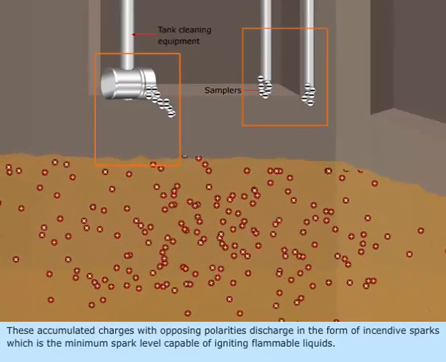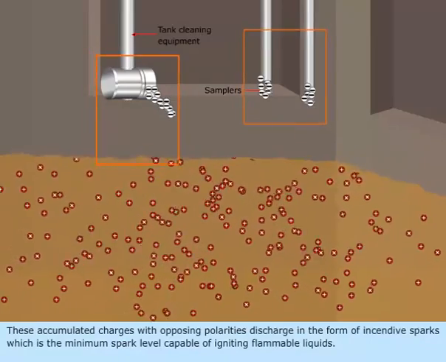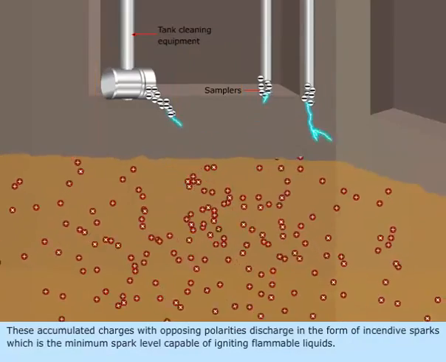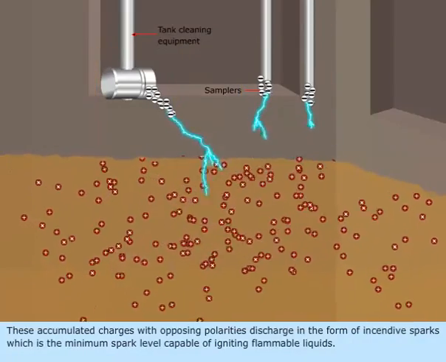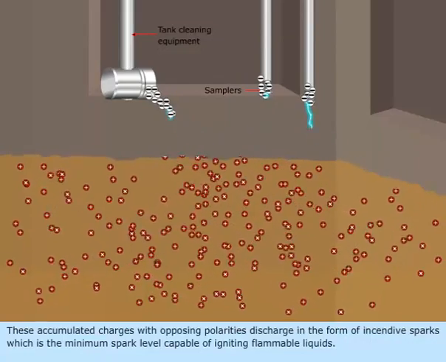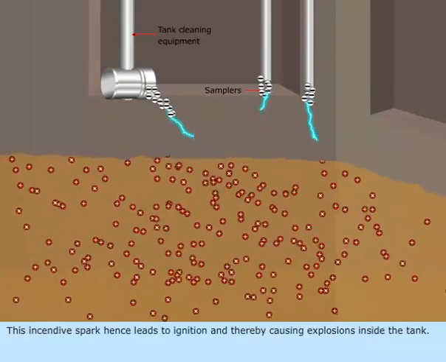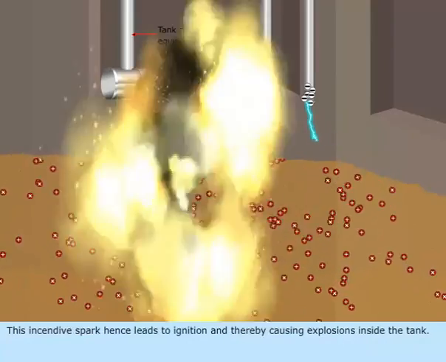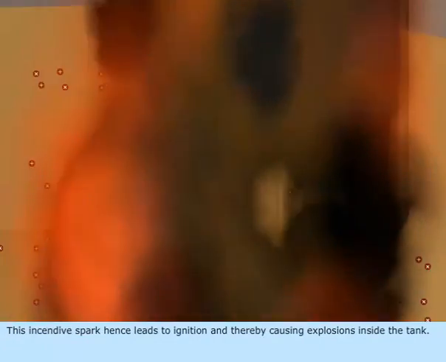These accumulated charges with opposing polarities discharge in the form of incendive sparks, which is the minimum spark level capable of igniting flammable liquids. This incendive spark hence leads to ignition, thereby causing explosions inside the tank.